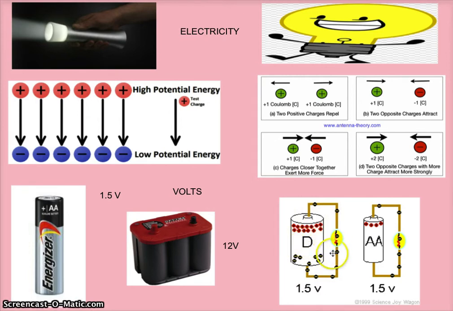But whenever you flip the switch of, say, the flashlight here, it connects the circuit. And by connecting the circuit, all these negative ions will rush toward the positive ions. It creates a current of ions, and that is what shines here with the flashlight or with the light bulb. Kind of the same premise there.